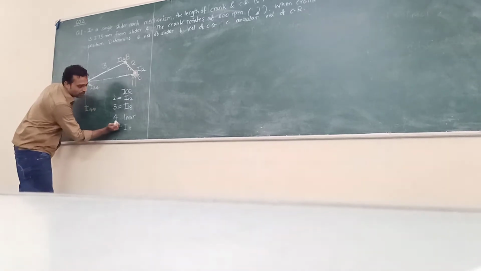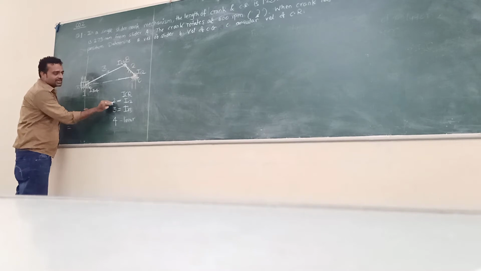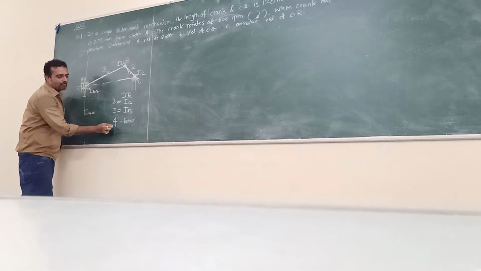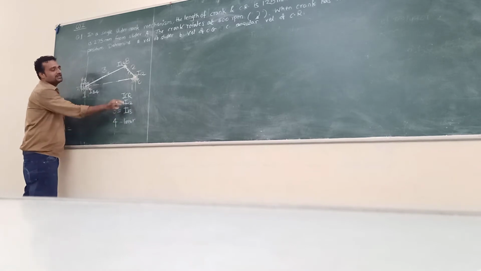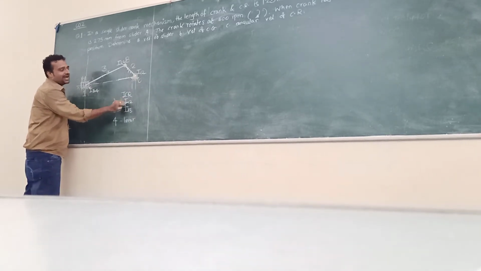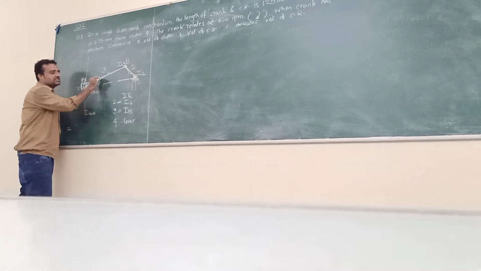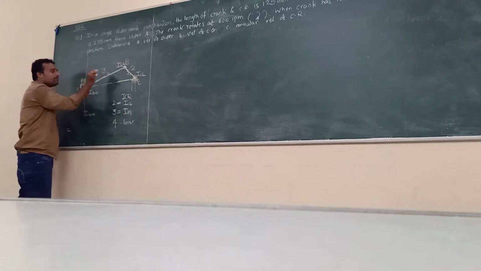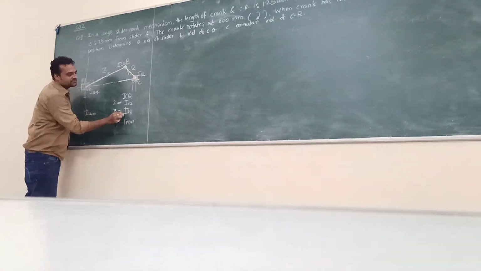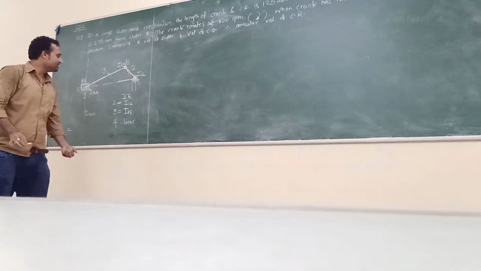Here we don't have 5 links, so I will not write this. But here we have 3 links, 2, 3 and 4. Link 4 is undergoing pure linear motion, so no IC for this. For link 2 we have I12, and the only link that is left is link number 3. So for finding the velocity of any point on this link, I have to first find I13, and for that we will use Kennedy's method.